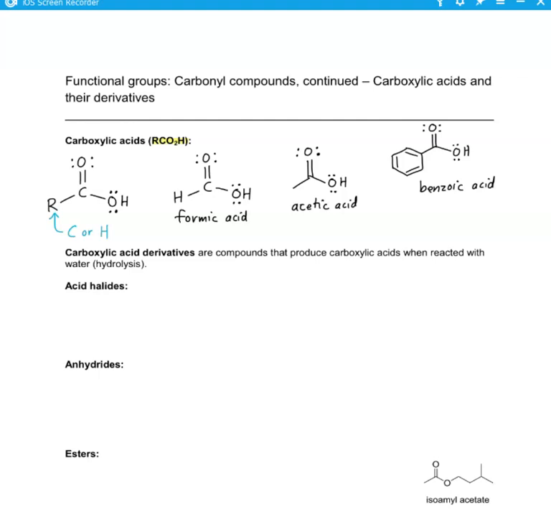So these are all carboxylic acids. They all contain the same grouping of atoms, CO2H. So again, knowing these groupings of atoms helps you to know how to draw things. So if you know you have to draw a carboxylic acid, you know you're going to have that grouping of atoms in it.